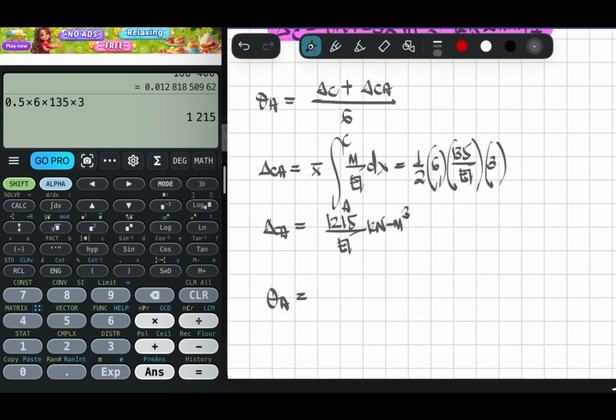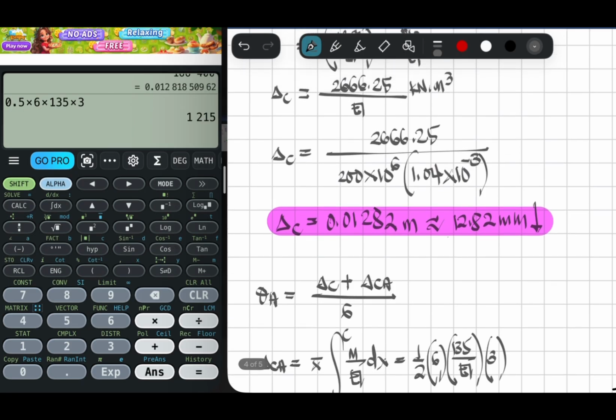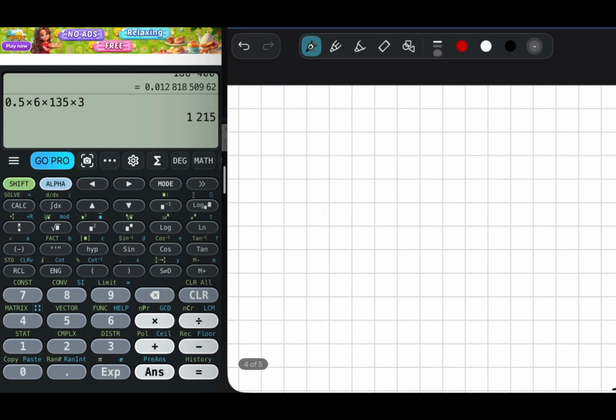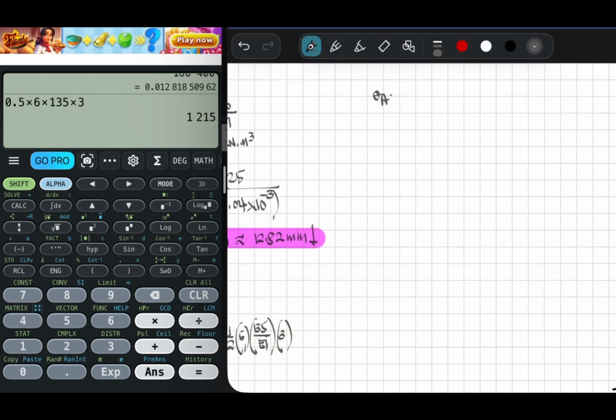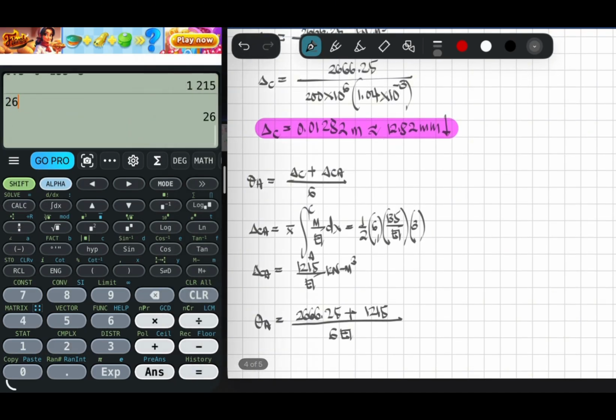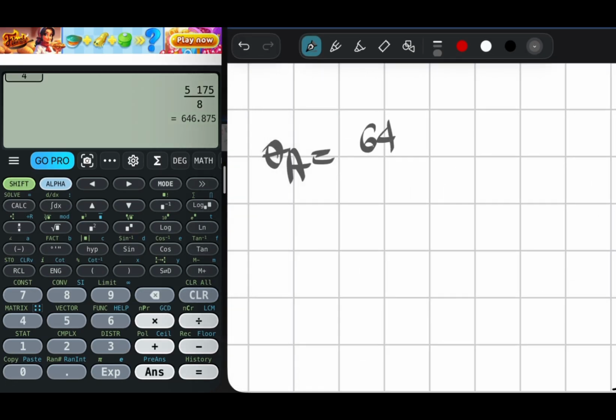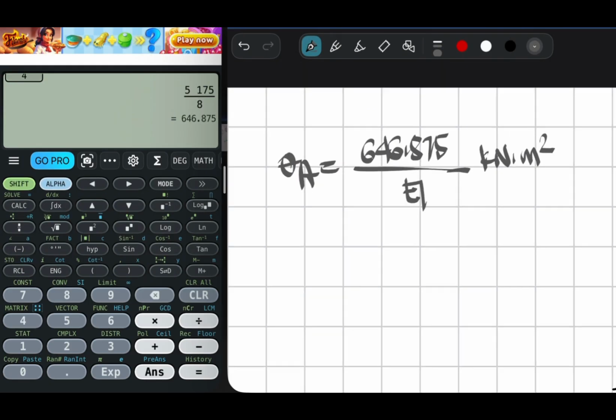Theta A is delta C plus delta CA over 6 EI. Delta C is 2666.25 plus 1215, all over 6 EI, or theta A is equal to 646.875 kilonewton meter squared over EI.